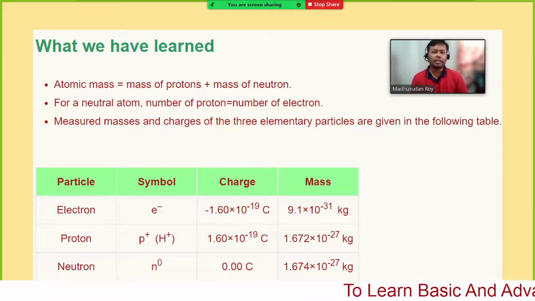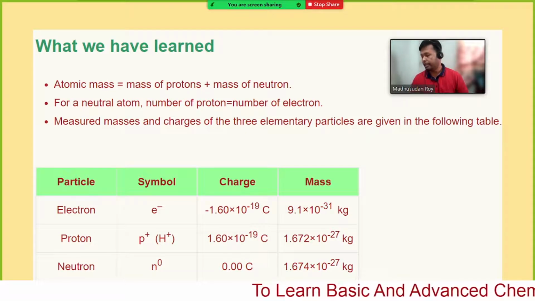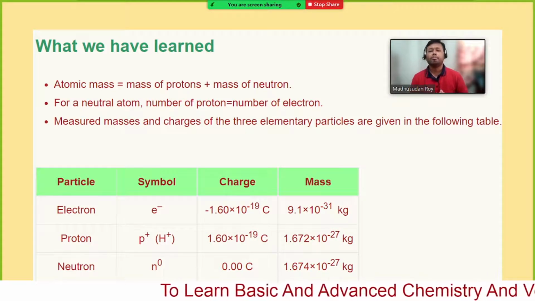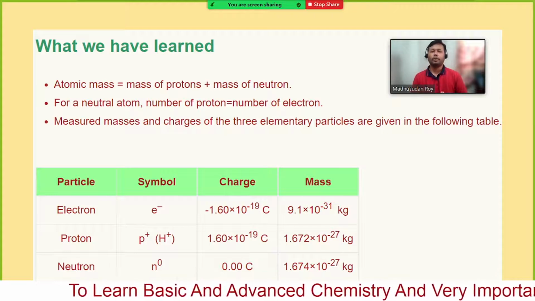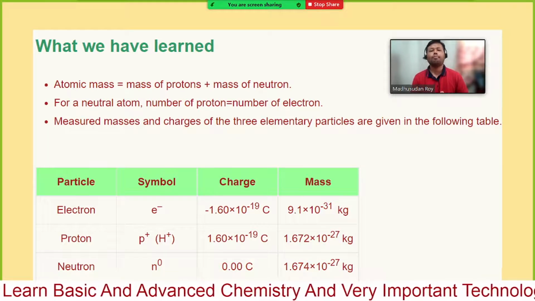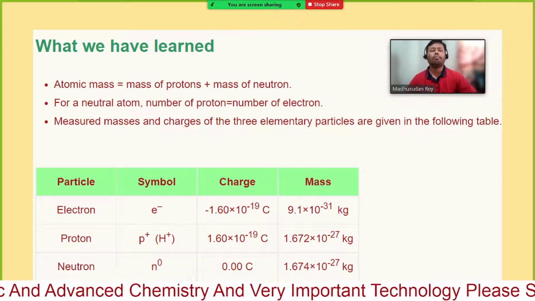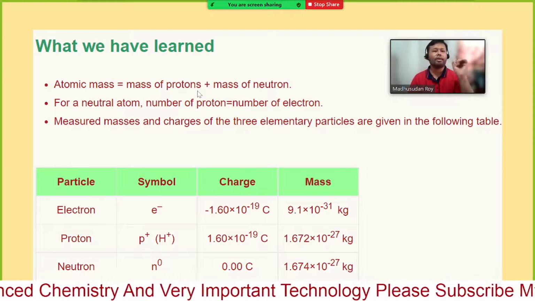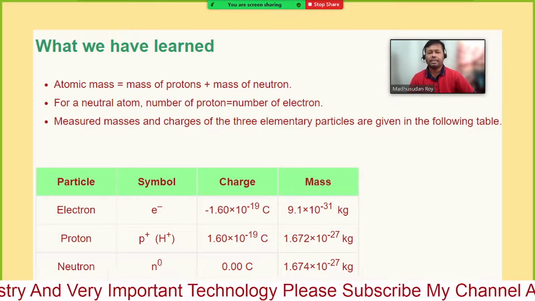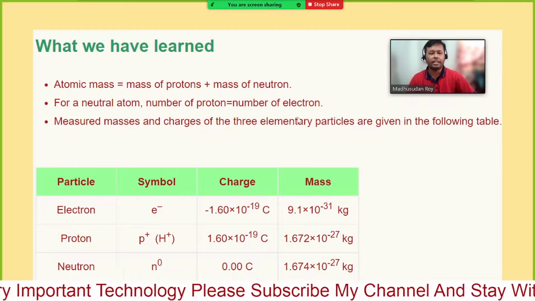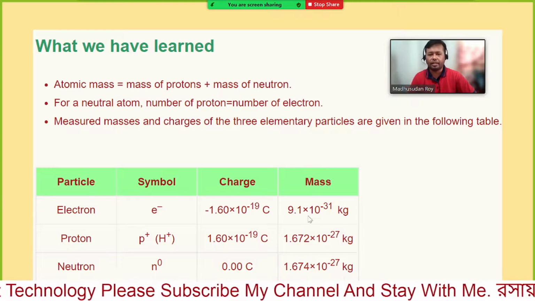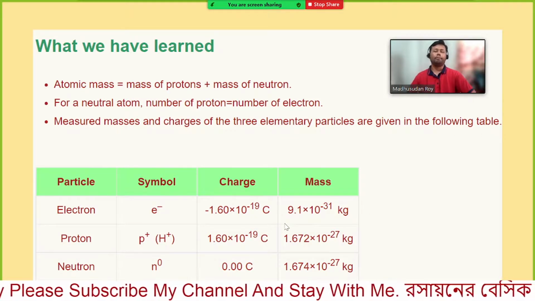It consists of the neutron. Therefore the atomic mass is mass of protons and mass of neutrons. For a neutral atom, the number of protons equals the number of electrons. That means, as I have mentioned, it is electrically neutral. Measured mass and charge of the three elementary particles are given in the table. Here already I have mentioned all of them.